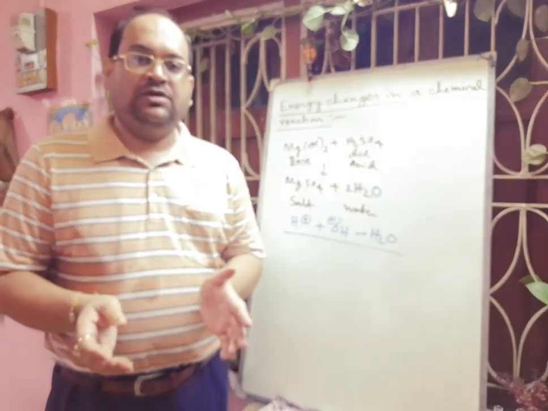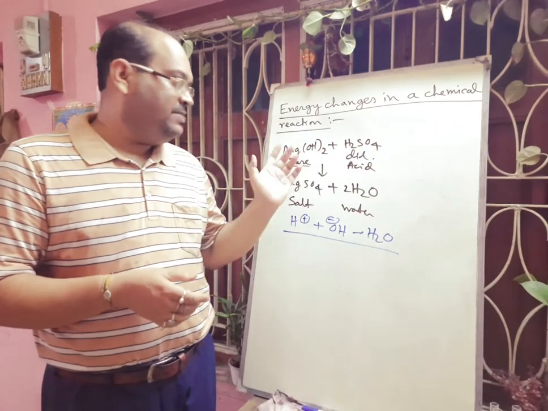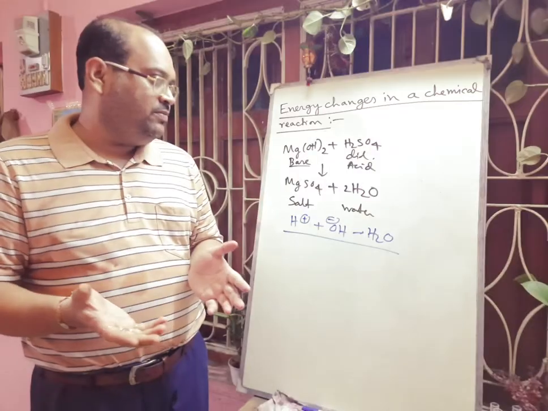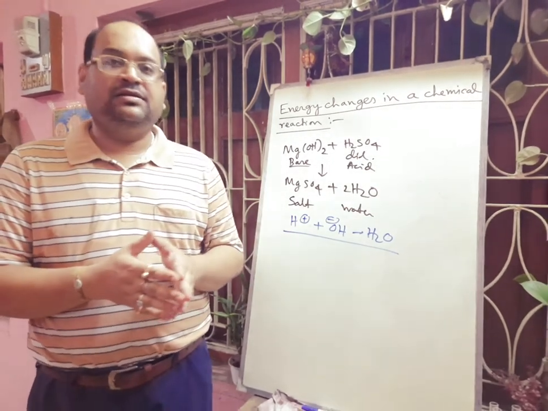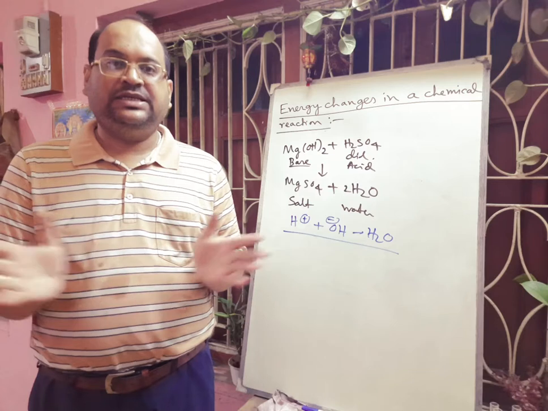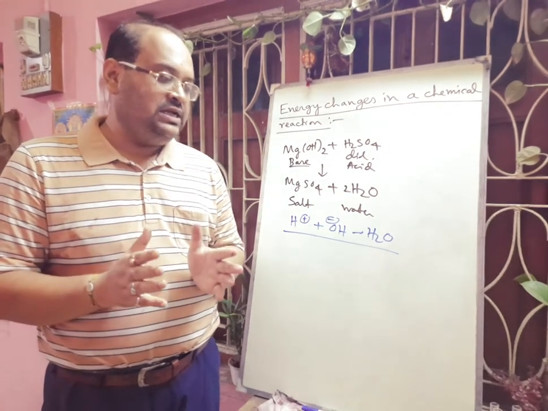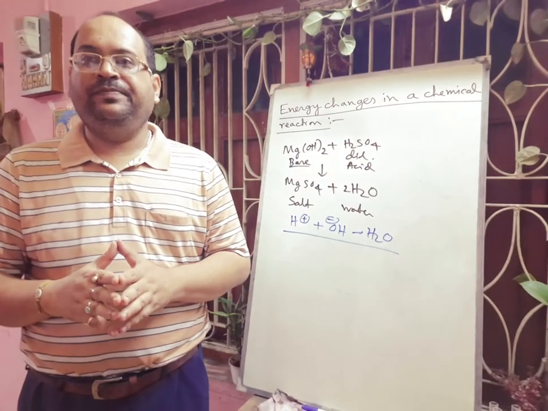So first we have taken some basic solution, the magnesium hydroxide. We are adding dilute sulfuric acid, and then there will be production of salt and water, and the phenolphthalein pink color becomes discharged, becomes colorless. In this way we can understand the neutralization reaction.